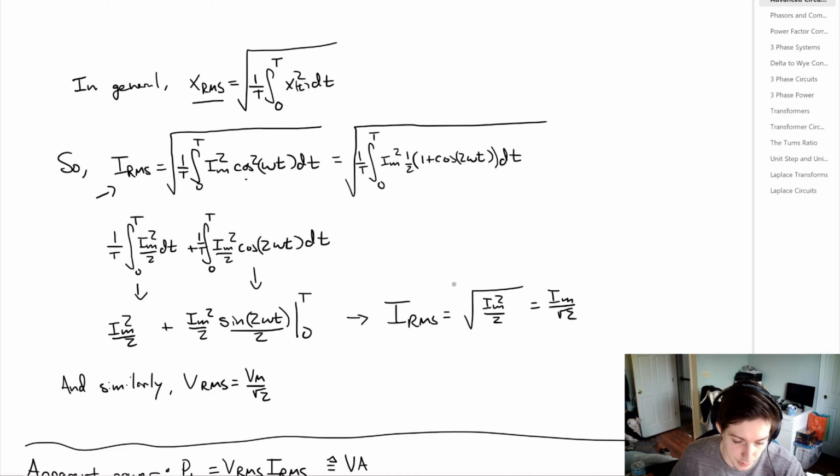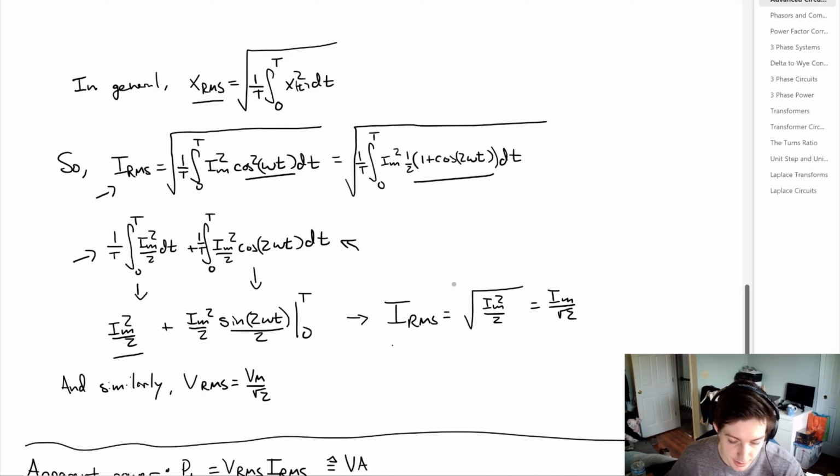We can use another trig substitution for that cosine squared term, and that gives us two integrals. Again, we have a time independent and a time dependent contribution. The time dependent contribution will evaluate to 0, and we're just left with the time independent contribution, all under that square root term.